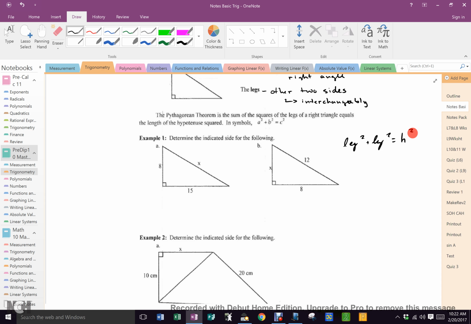What do you need before you can get x here? I'm asking you guys. The hypotenuse of the other triangle. You need this, don't you? Yes. If you have that, can you find x?